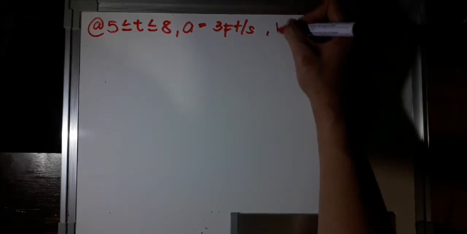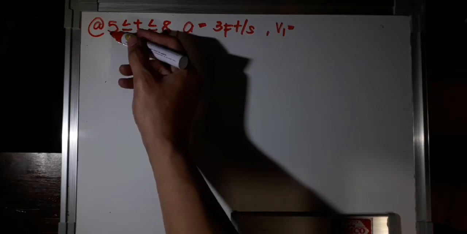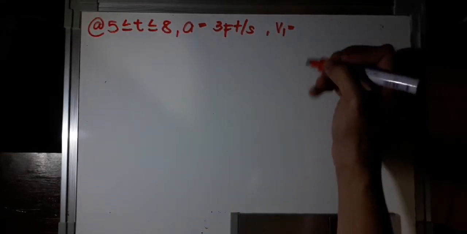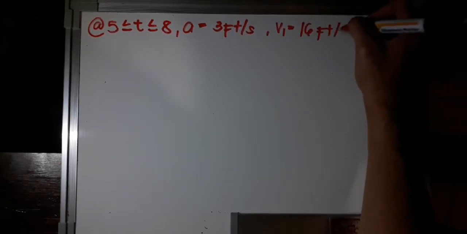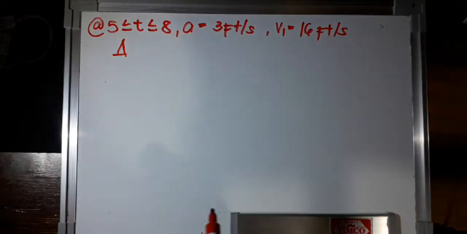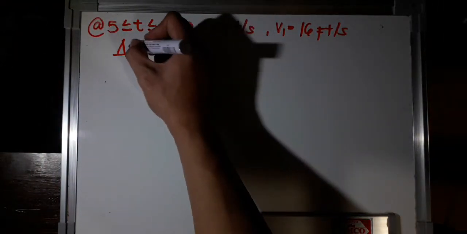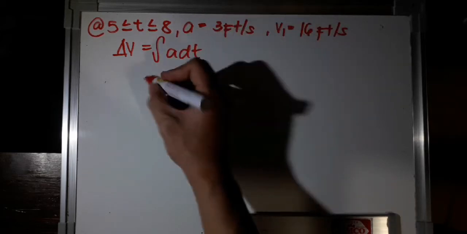And again, the initial velocity that we are going to use is the velocity in 5 seconds, which is 16 feet per second. So again, the formula for change in velocity, we have the integral of a dt.